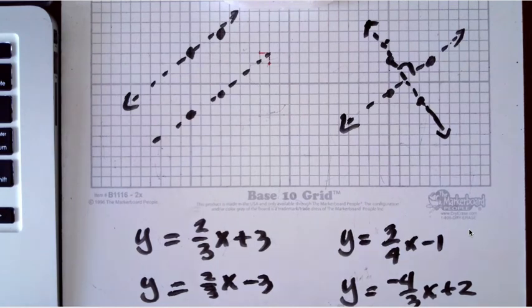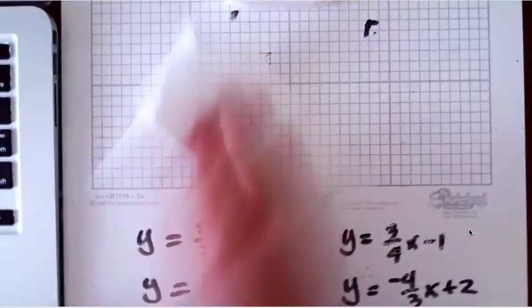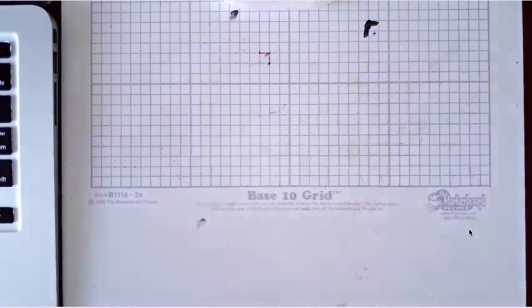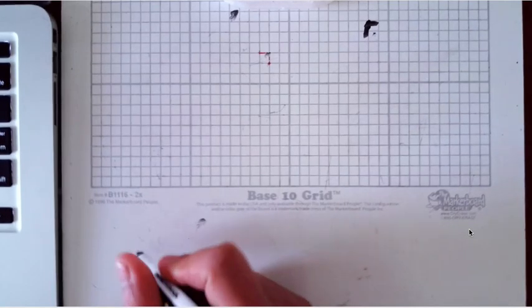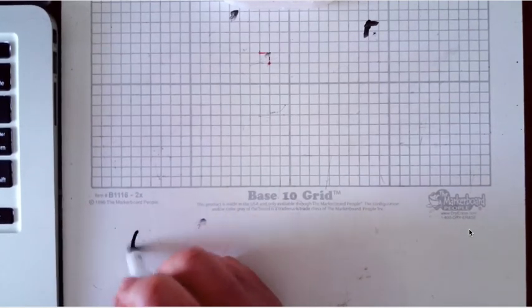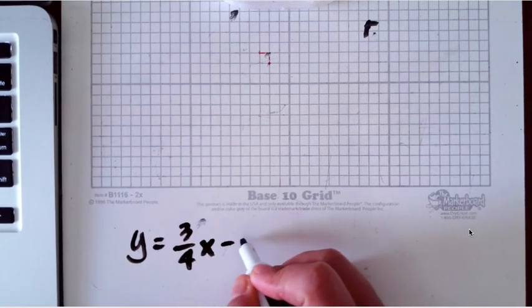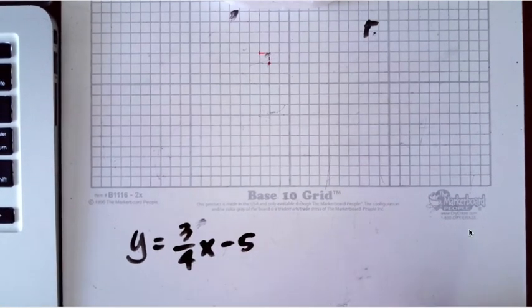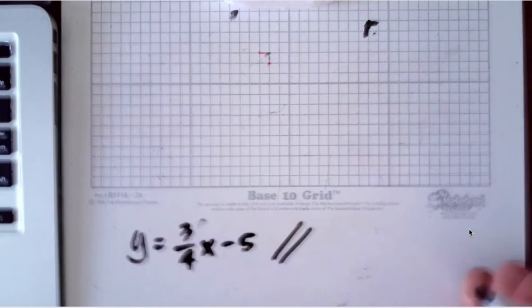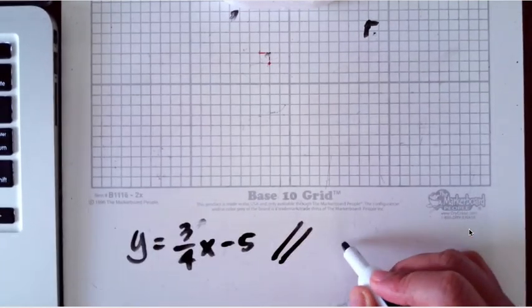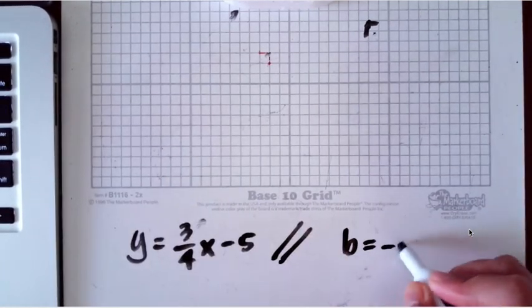All right, so we are now ready to form equations of parallel and perpendicular lines. Okay, so let's say I have a line y equals 3/4 x minus 5, and it's supposed to be parallel to a certain line whose y-intercept is negative 4.